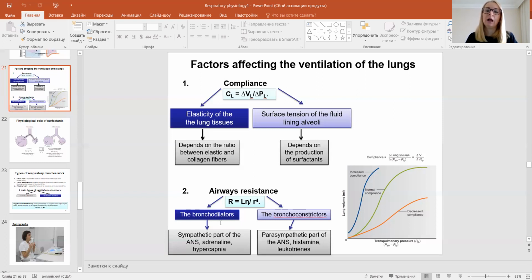The parasympathetic part of the autonomic nervous system produces a bronchoconstrictor effect through the M cholinergic receptors, and the sympathetic part of the autonomic nervous system provides bronchodilation through the beta-2 receptors. Also adrenaline and hypercapnia lead to bronchodilation.